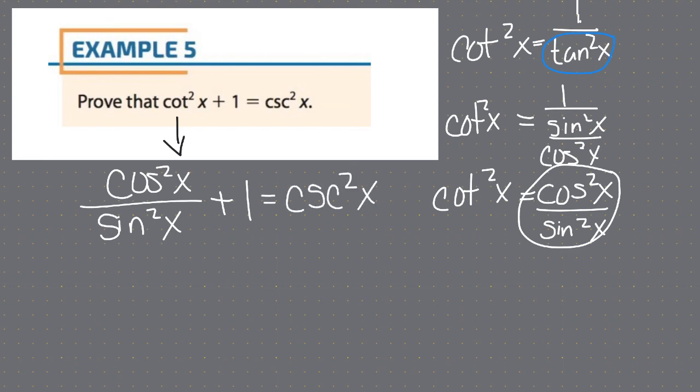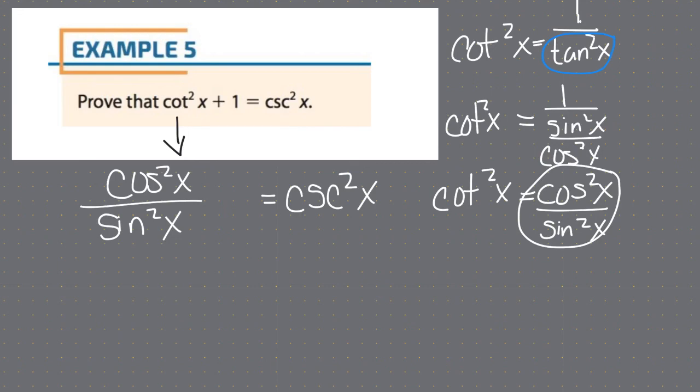Now, I want us to replace this 1. Remember, I can replace this 1 with anything I want to replace it with, can't I? I can. So what I mean by that is I'm actually just going to erase it, but you guys can rewrite it.